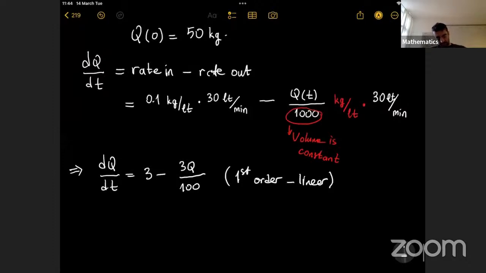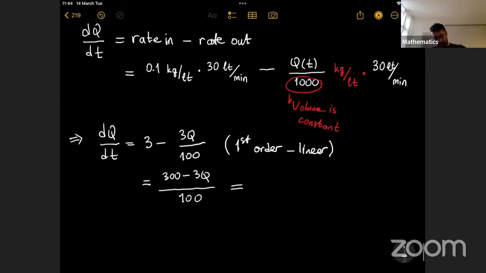You can do it that way, but this is easier. It's basically 300 minus 3Q over 100. So you can write this as dQ over 300 minus 3Q, and integrate, equal to dt over 100.